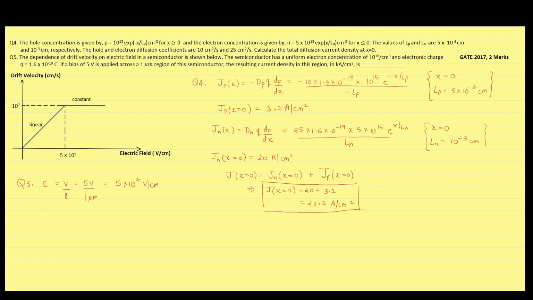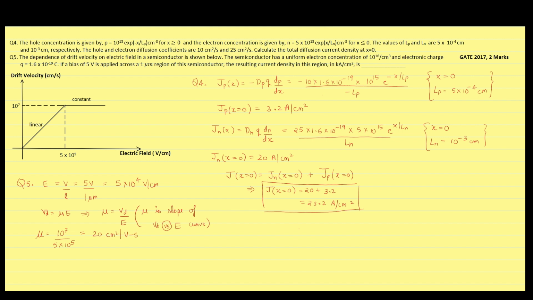Also, we know that drift velocity is equal to mobility into electric field. Therefore, mobility is actually slope of drift velocity versus electric field curve. And upon considering the linear region, we will find mobility to be equal to 20 centimeter square per volt second.